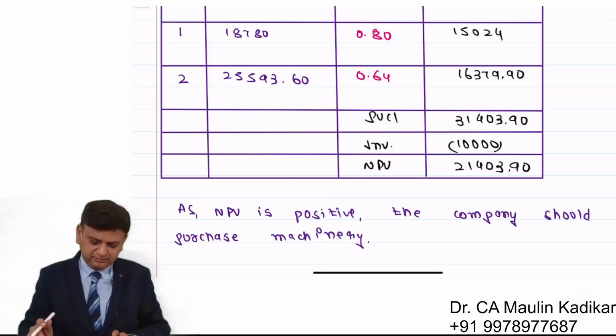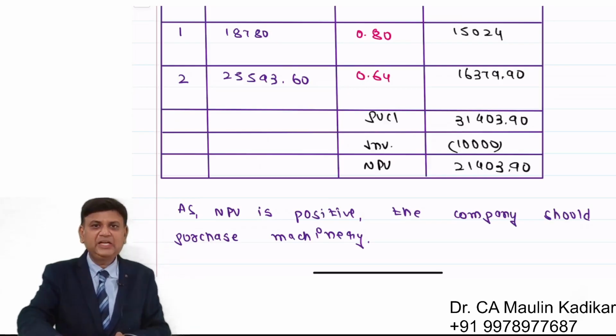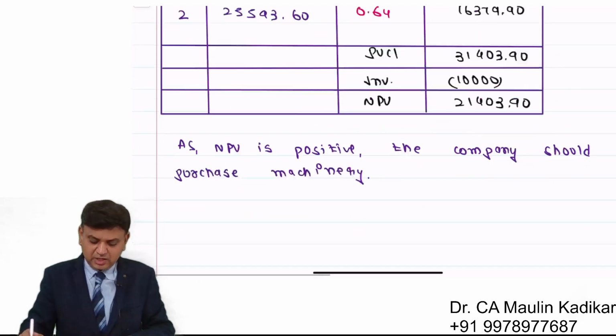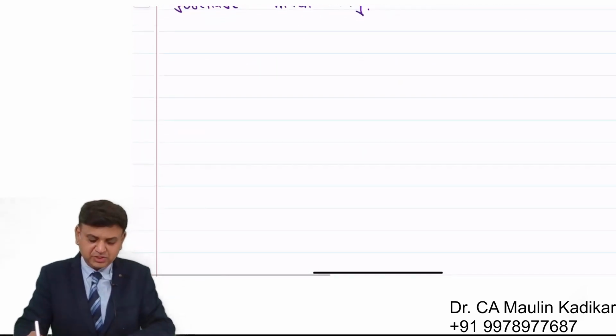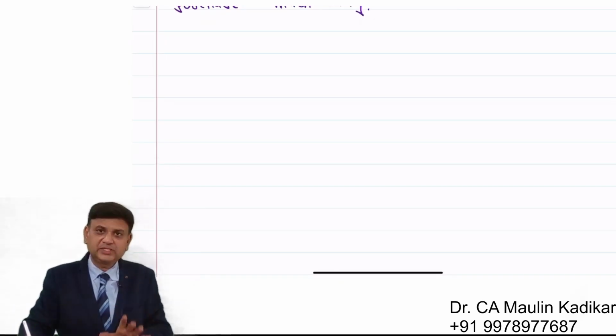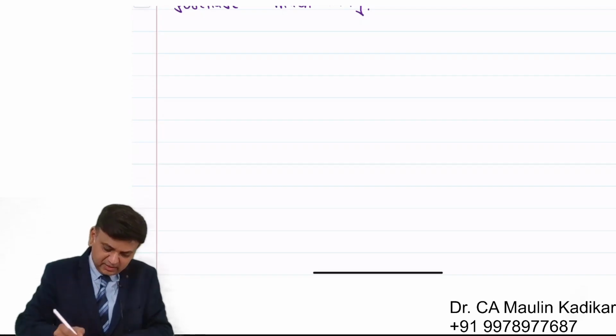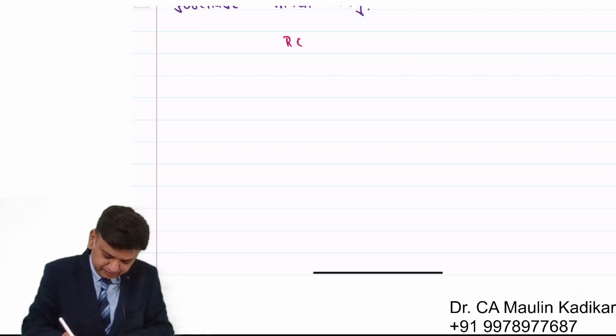Now, friends, there are very slim chances that the question may ask us to do the answer in the real approach. But if at all such a question comes, then I am dictating to you how to answer it. Now write the heading: real cash flow approach.